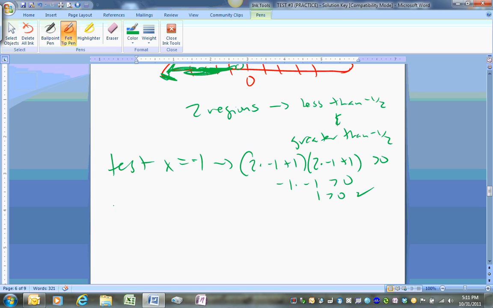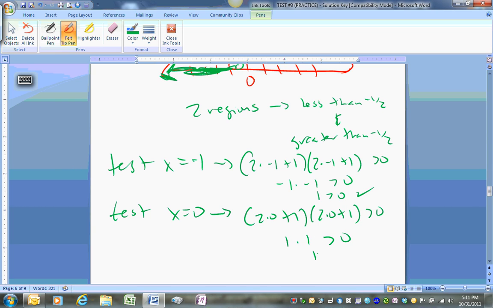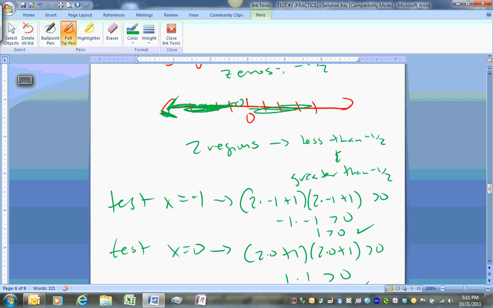If we test x equals 0, let's say, 2 times 0 plus 1, 2 times 0 plus 1, 1 times 1, bingo again. So I like that as well. Oh, it's kind of like Christmas, red and green. Sorry for the corny comment.